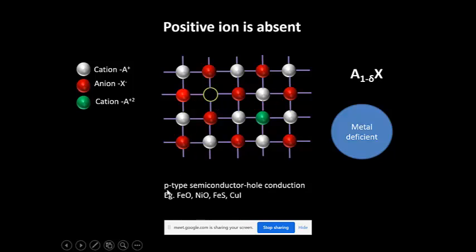So this type of conduction is known as p type semiconductors.